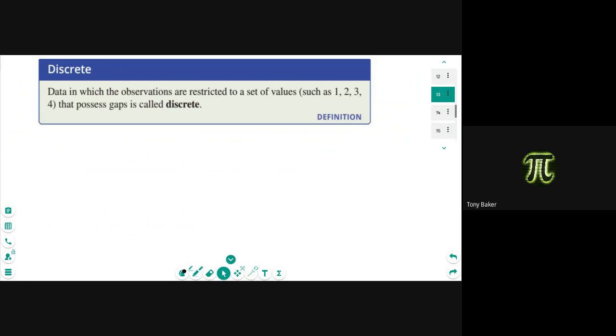But the size of your foot is continuous, while shoe size is discrete. Because while there's a 4.5, there's not a 4.25. There's a 7, there's an 8, there's a 9. There's typically not those breakdowns of all of them. So shoe sizes typically are discrete, where the size of your foot is continuous.